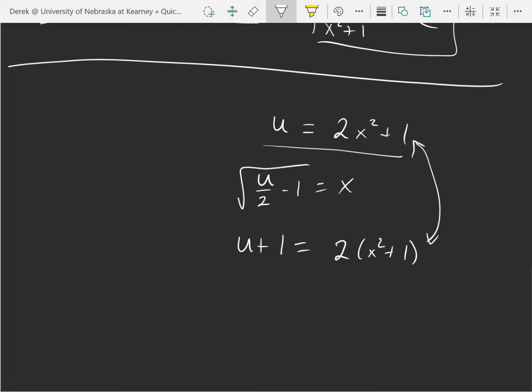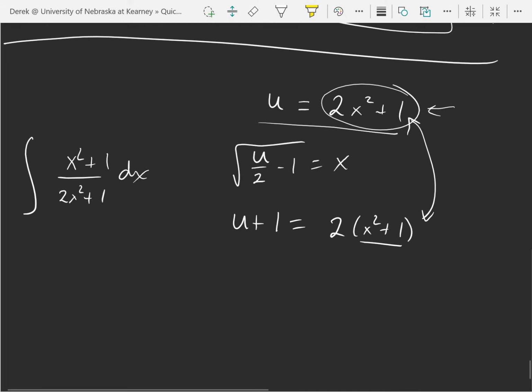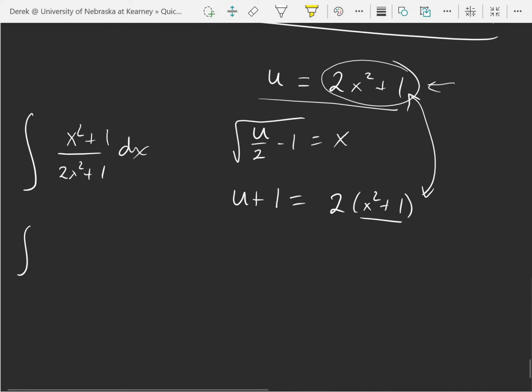Maybe you see an x plus 1, but you also have a 2x squared plus 1 in your expression. Maybe it's something like the integral of x plus 1 over 2x squared plus 1 dx, and you want to do a substitution like this. So you think u should be this, okay, maybe, and you can turn this into an integral where you get the u in the denominator, and you've got u plus 1 over 2 in the numerator.